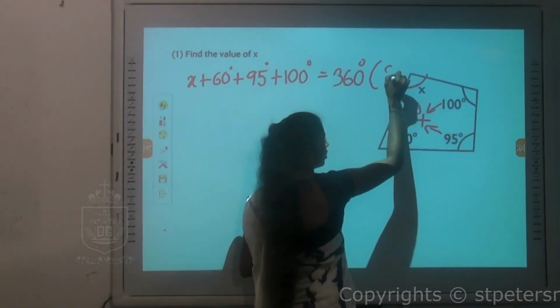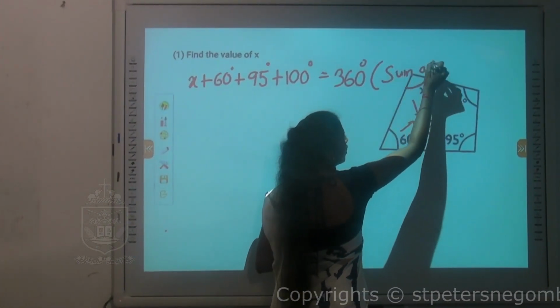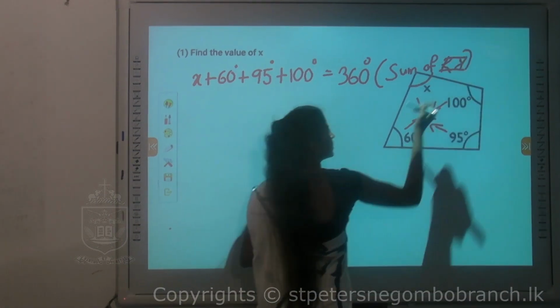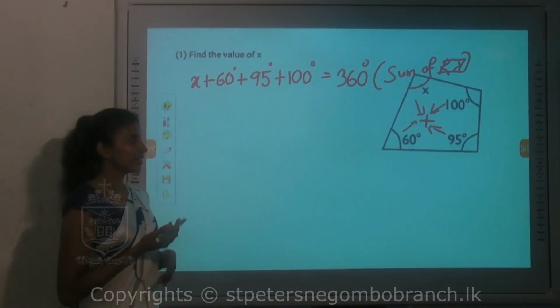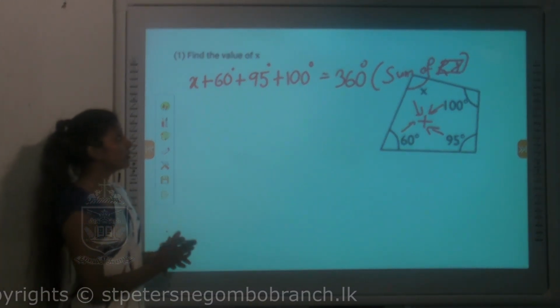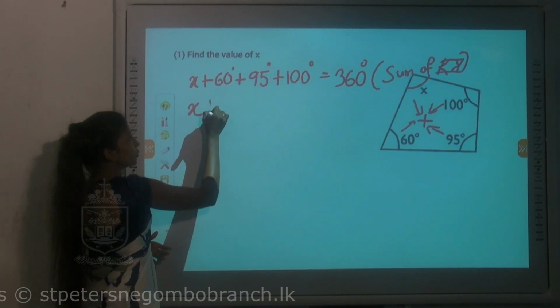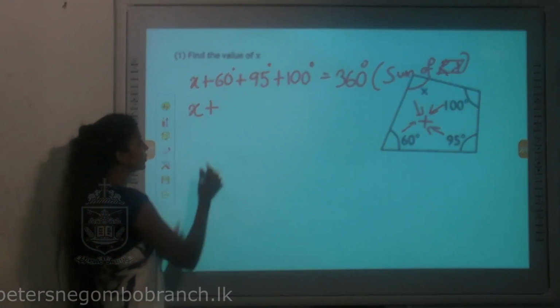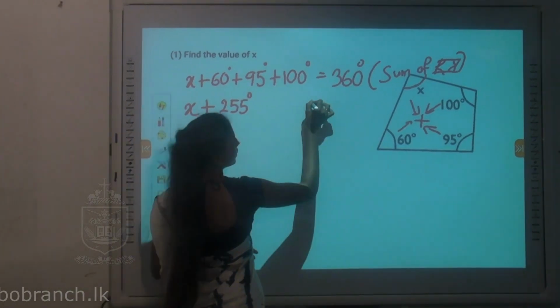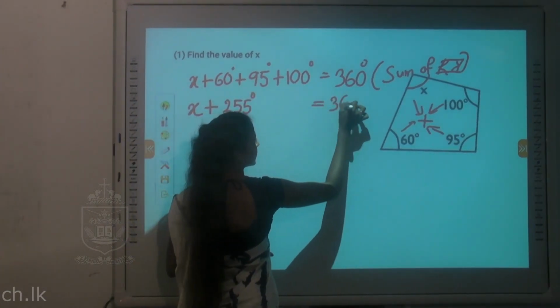You all can write it in short: sum of the interior angles in a quadrilateral. You all can draw a quadrilateral and show the interior angles like this. So let's see. Once you add the three known interior angles, you will get the sum of 255 degrees on that side. And here you have 360 degrees.